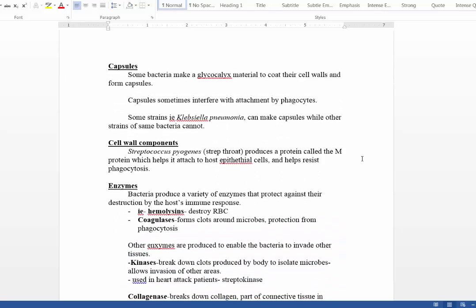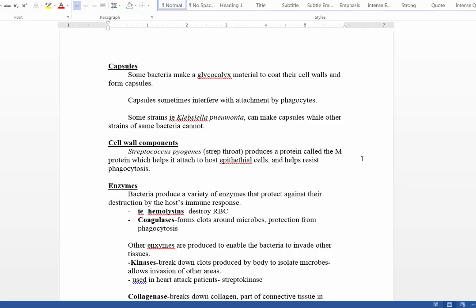Now, microorganisms have various defenses to protect themselves against your immune system and to attack you. One way they protect themselves is with capsules. This is a glycocalyx material. It's on the outside and it helps them resist phagocytosis.